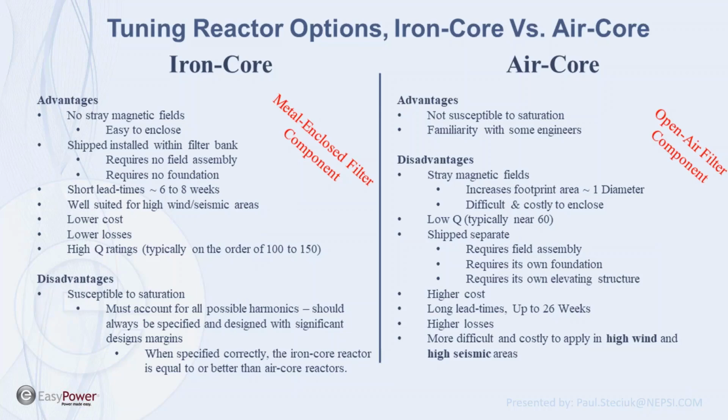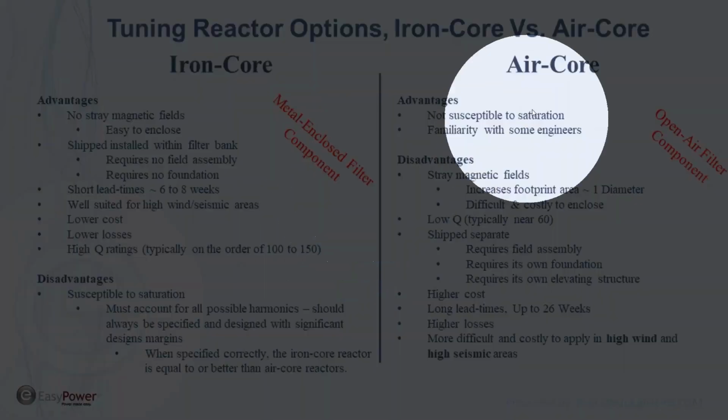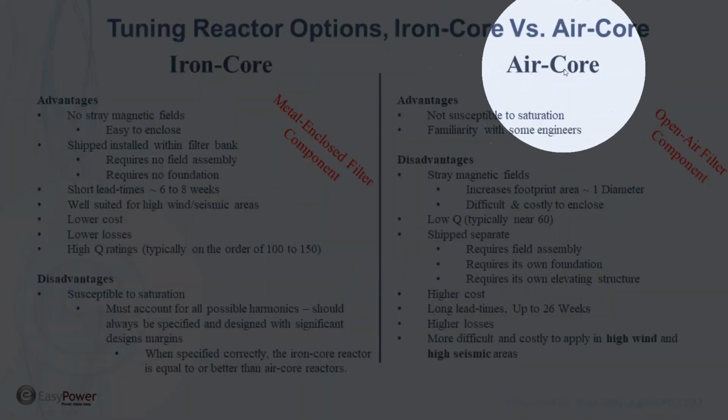So we compare the differences between iron core and air core, and really magnetic fields is one of them. It tends to be that iron core reactors are more competitive in cost than air core reactors, and this is true up to a point. Remember, to create inductance with an air core reactor, it takes a lot of turns.